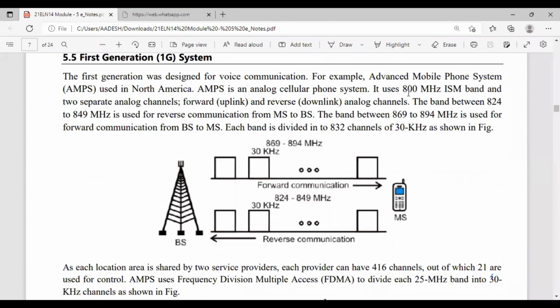So the band between 824 to 849 megahertz is used for reverse communication from mobile station to base station, whereas the band between 869 to 894 is used for forward communication.